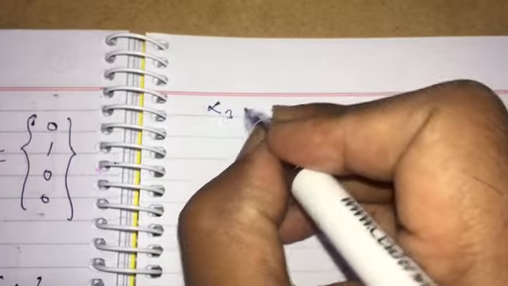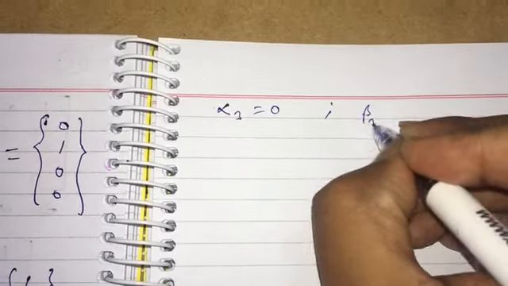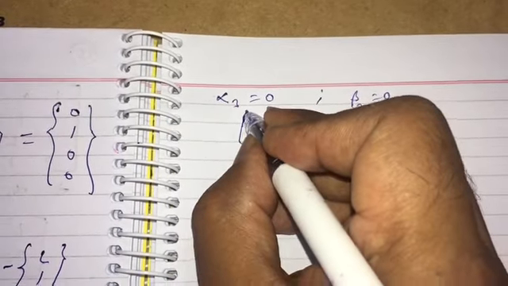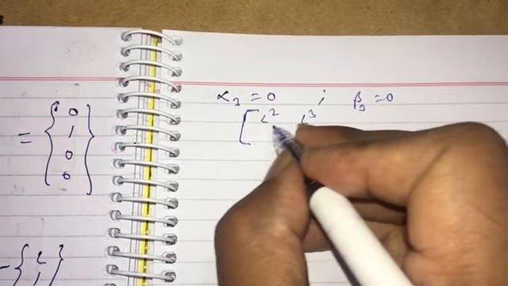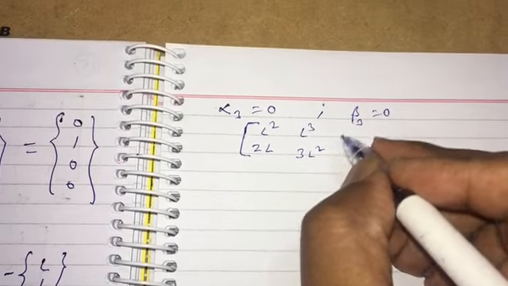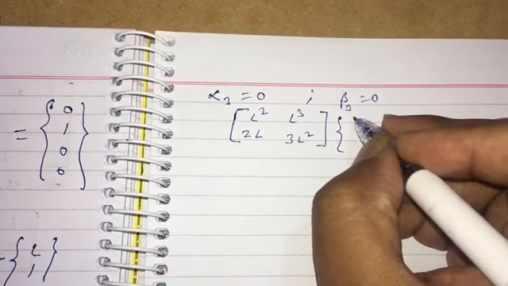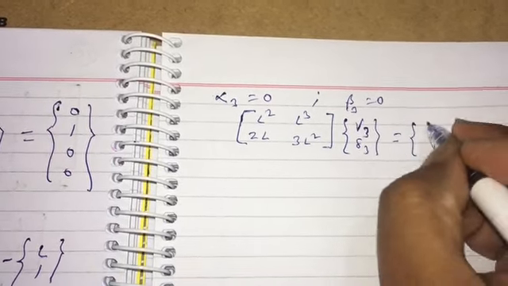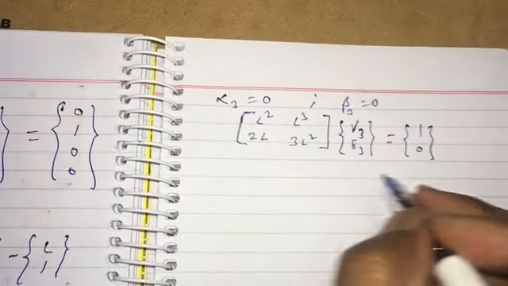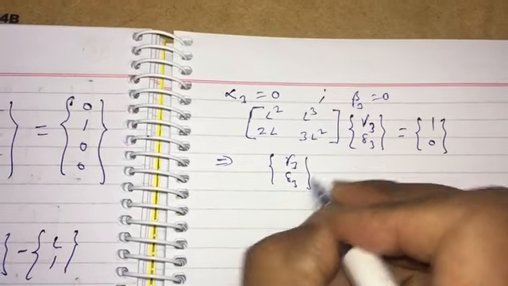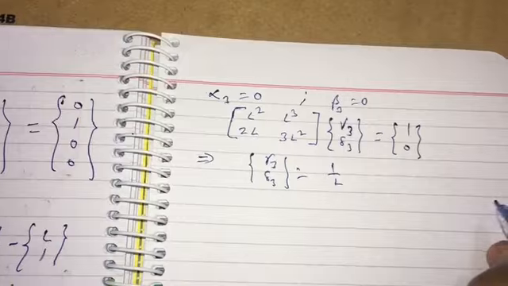So we write here alpha 3 equal to 0 and beta 3 equal to 0, and the rest of the equation that we have to solve becomes simply L square, L cube, 2L, 3L square multiplied by gamma 3 and delta 3 is equal to 1 0. Okay, that really means gamma 3, delta 3 is equal to 1 over L.